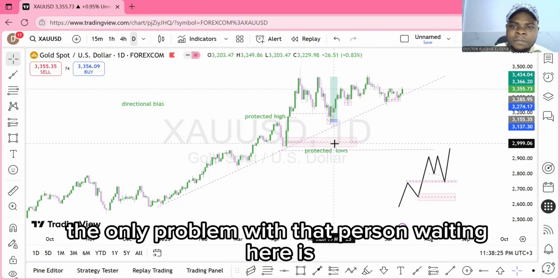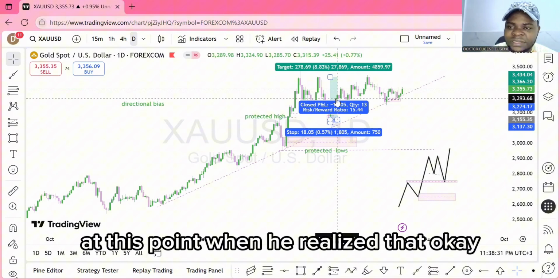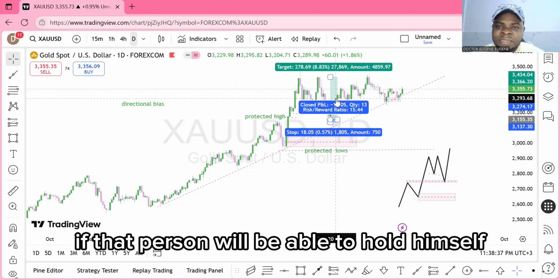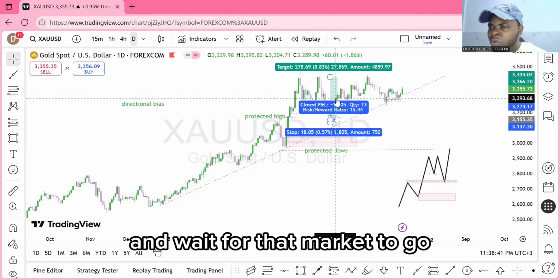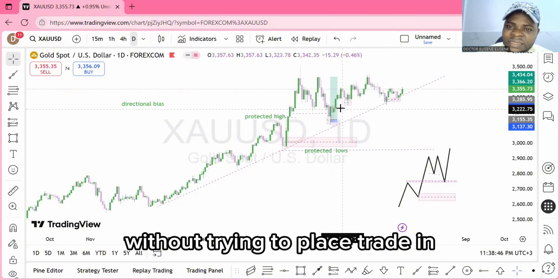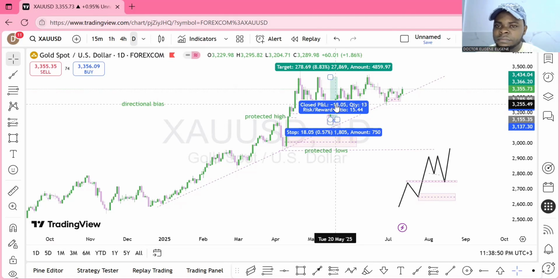The only problem with that person waiting here is if he is tempted to place a trade at this point when he realizes the market has already moved without him. If that person is able to hold himself and wait for that market to go without trying to place a trade where there is no entry, that person is good.